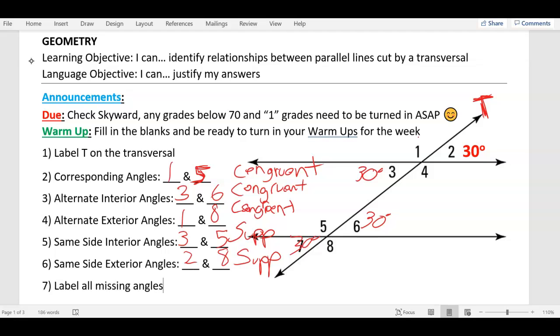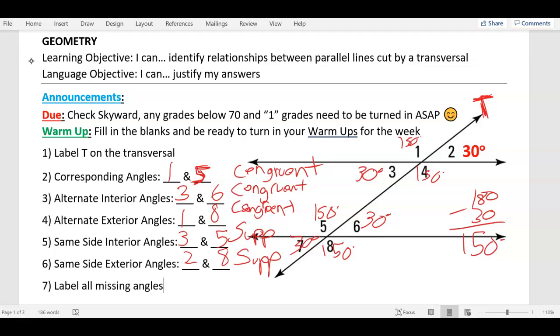How do I figure out angle 1? Subtract 30 from 180, or 180 minus 30 will give me 150 degrees. So I can label that real quick too. 150, 150, 150, 150. Okay, I know it's not the cleanest looking one, but that's how it is.